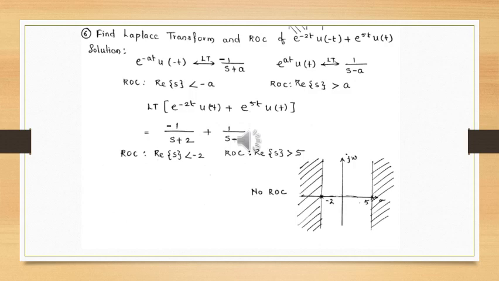Now for the first term, since we have u of minus t term, it is a left-sided signal. So we have ROC as real of s less than minus a. For the second term, since we have u of t term, which is a right-sided signal, we have ROC as real of s greater than a.